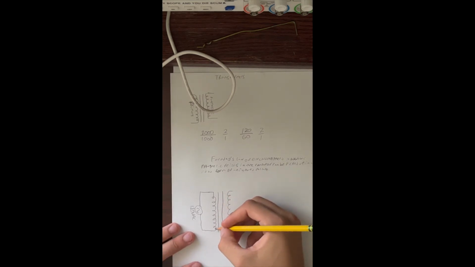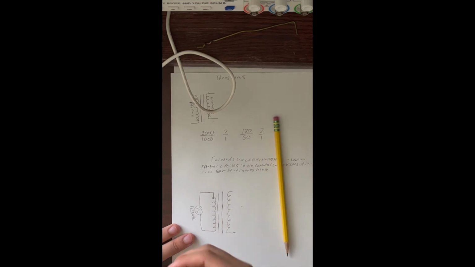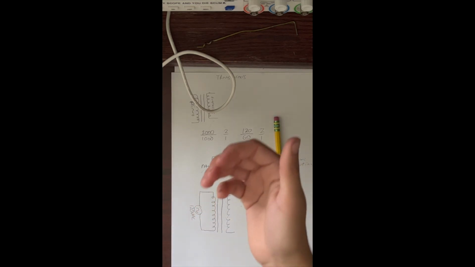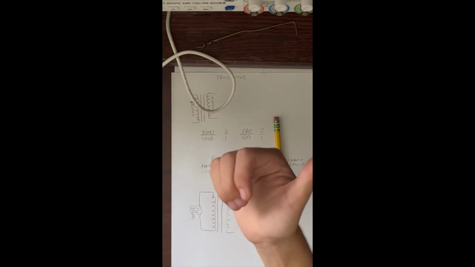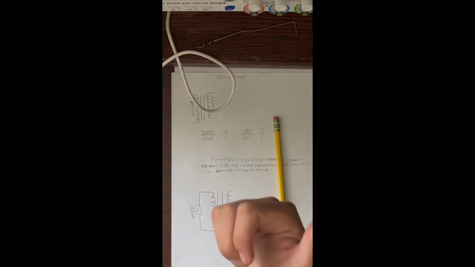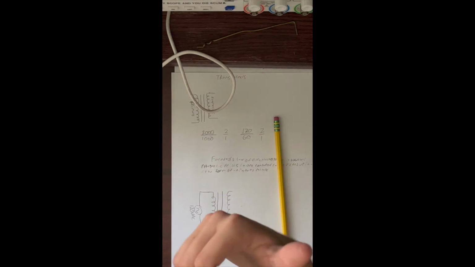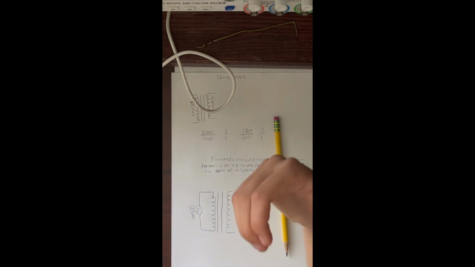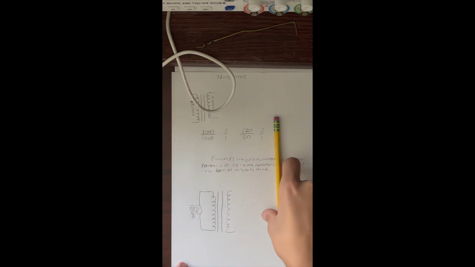And this magnetic field is going to go around. We can look at this with the right hand rule. My thumb is the direction of current in the wire, and wherever all my other fingers are going, that's the direction of the magnetic field.